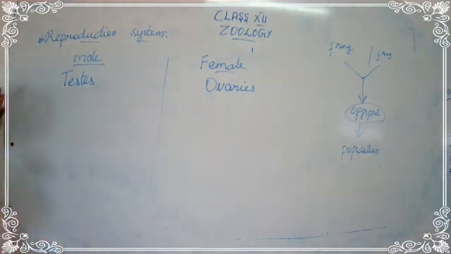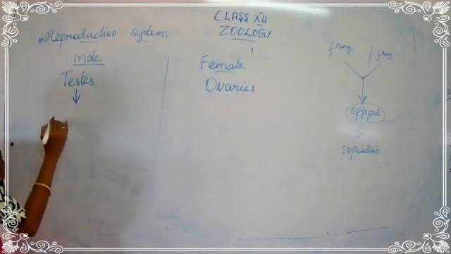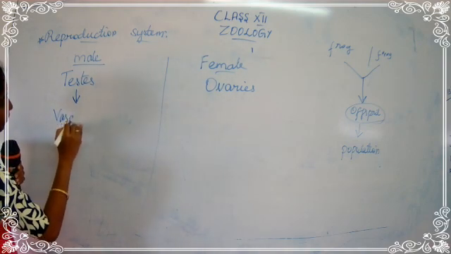Okay. And then the testes are attached to the kidney and the dorsal body wall by a fold of peritoneum called mesorchium, and the vasa efferentia arise from the testis.